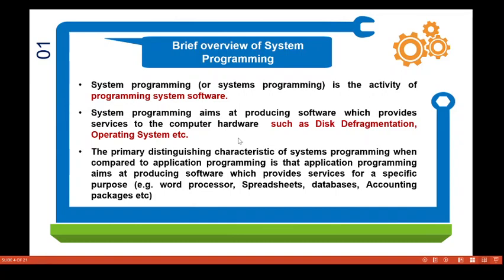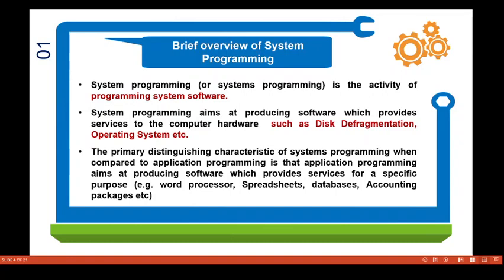What about software? Software is a set of instructions that tells a computer system how to perform a task. So if you look at today's video, it is an introduction to system programming. The two categories or constituents of a computer system that we have are hardware and software. If we narrow it down to today's lecture, system programming falls under system software, which is one of the two types of software that we have.